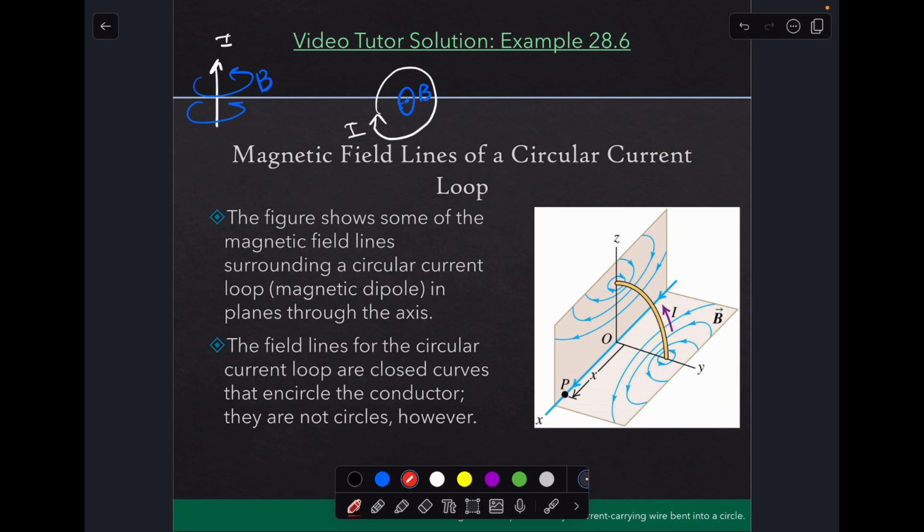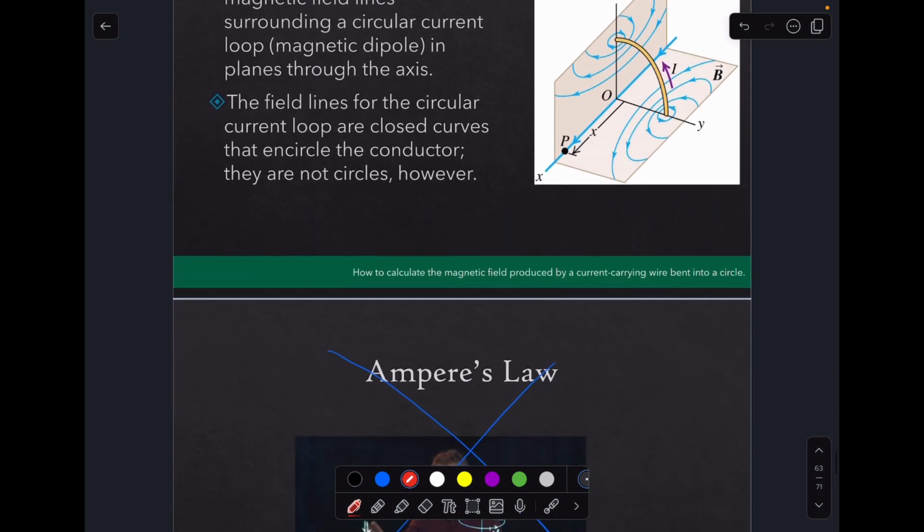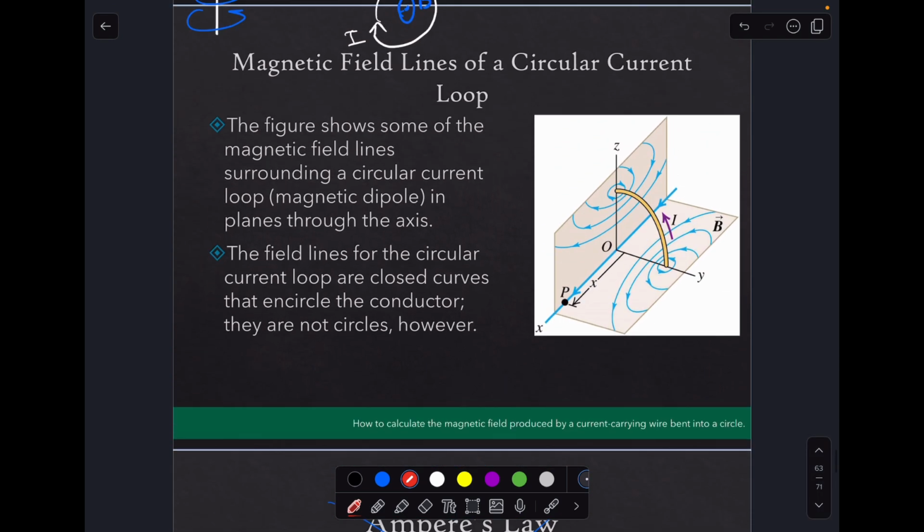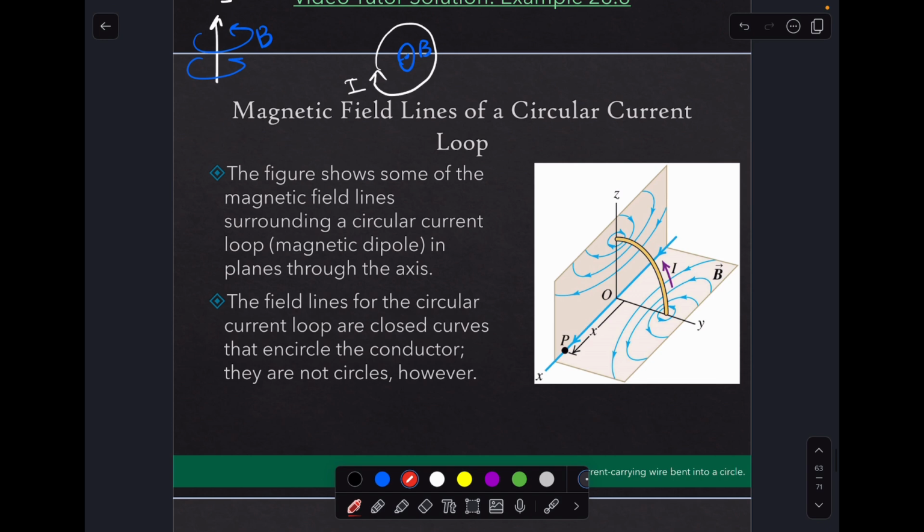And so magnetic field lines are always circles around current carrying wires, even when the current carrying wire is in a circular shape, right?